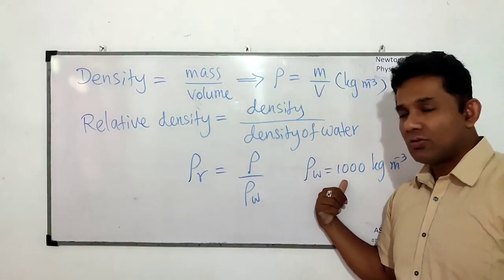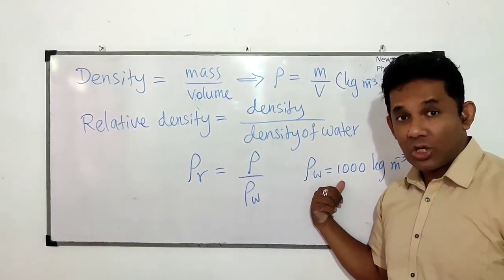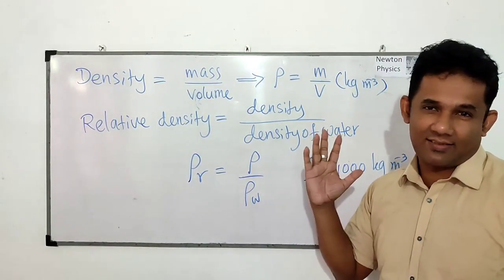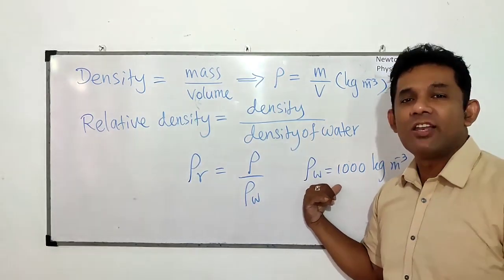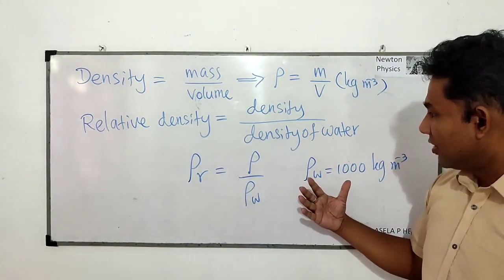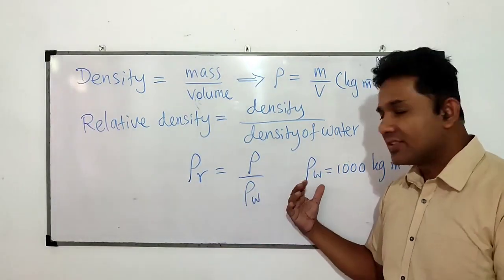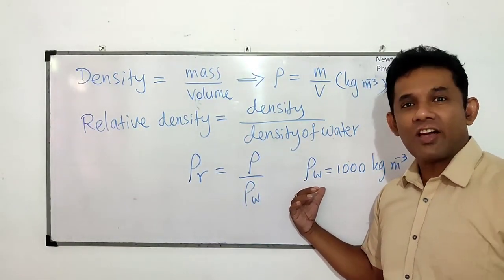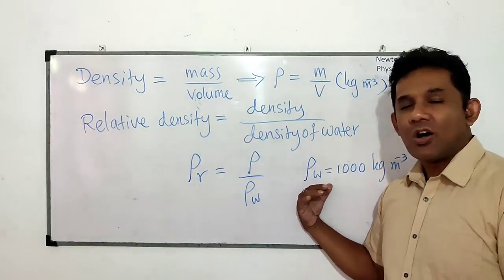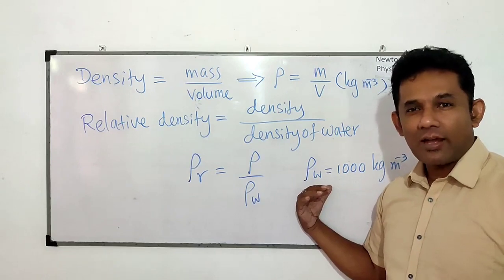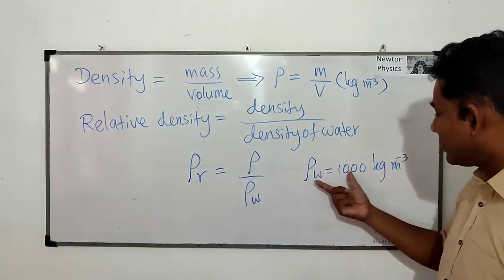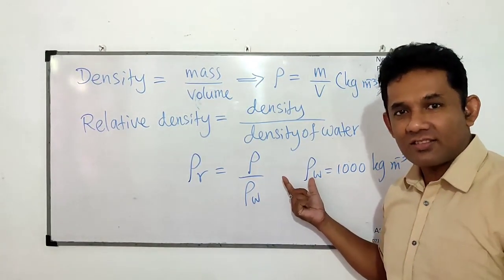The value 1000 kilograms per cubic meter is taken at 4 degrees Celsius, which is the maximum density of water. When water expands, density reduces. That's why we get a lower value than 1000 kilograms per cubic meter at normal room temperature.